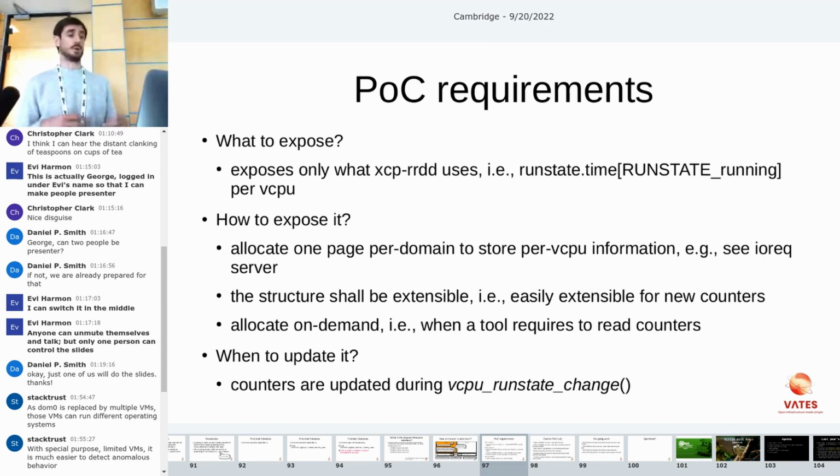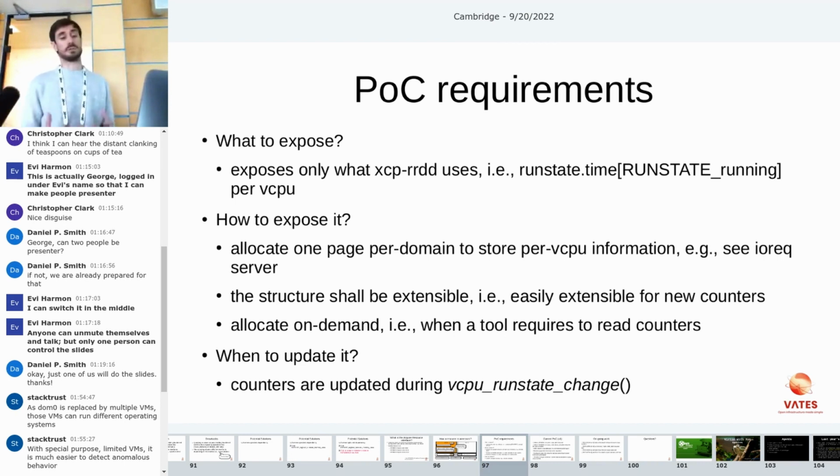So we said we're going to allocate 1 page per domain, and keep per-VCPU information there, doing it in a way that this structure is going to be extensible in the future. So we cannot limit that.